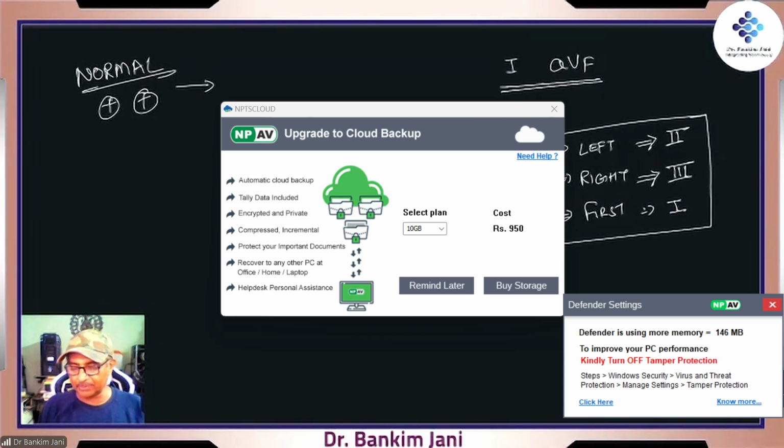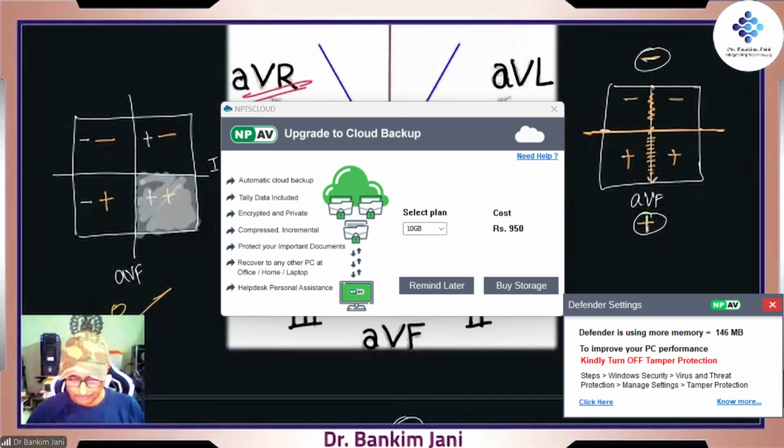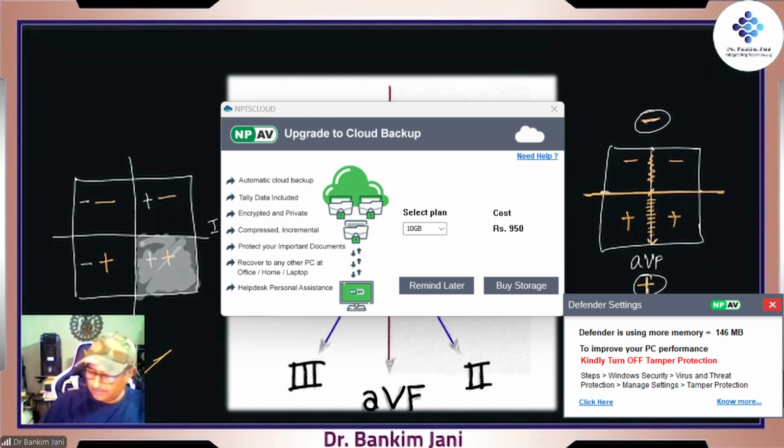The trick is in AVR and AVL. AVR will be linked with 3, AVL will be linked with 2. Now how? Let's see. This is AVR. Which lead is at 90 degree to the AVR? Lead 3.